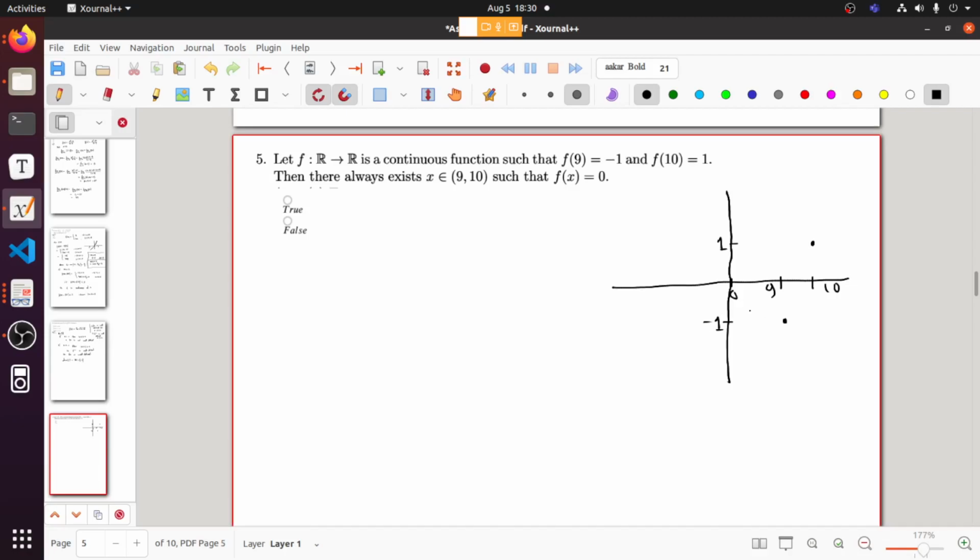You know one property of continuous functions, the intermediate value property, right? What is the intermediate value property?